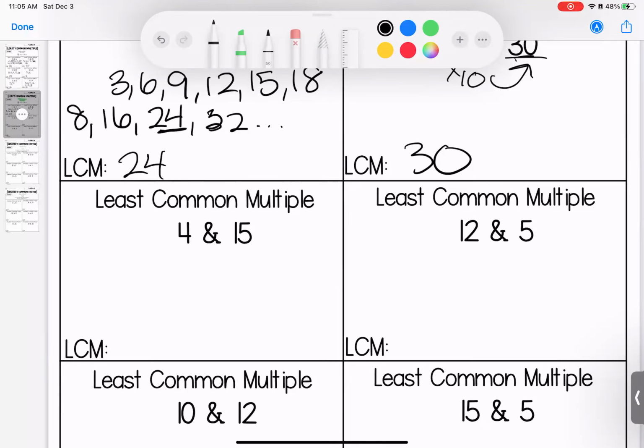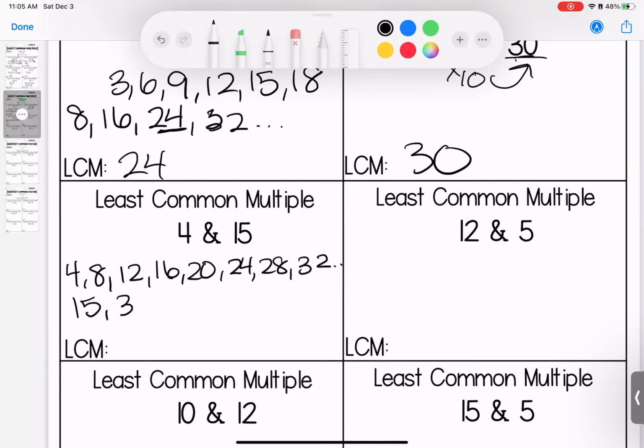So if I start by 4s, I have 4, 8, 12, 16, 20, 24, 28, 32. I'm going to stop there because I ran out of room. If I'm thinking of 15, I have 15, 30, 45, 60. And when I do this, I notice that 60 is a multiple of 4 because 4 times 15 is 60.